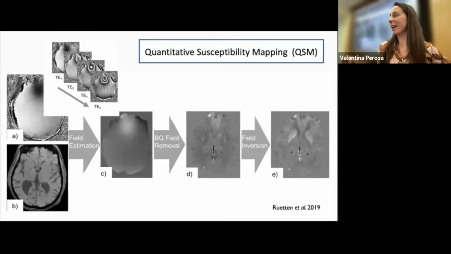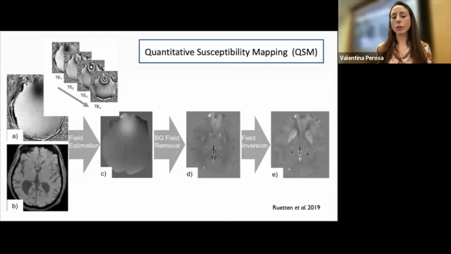But then maybe allow me to switch gears and go into another area that I have been interested in over the past few years, and that's the use of quantitative susceptibility mapping to investigate several aspects of small vessel disease. I don't know how many of you are familiar with what QSM is, but it's a processing method that allows us to see and quantify susceptibility throughout the whole brain. This is something that we have worked with quite a bit in Magdeburg in Germany, where I studied.